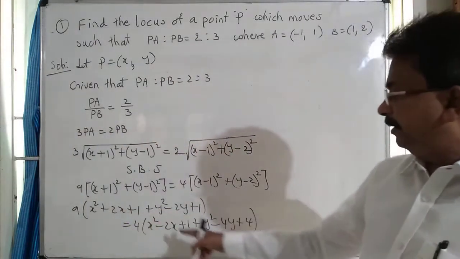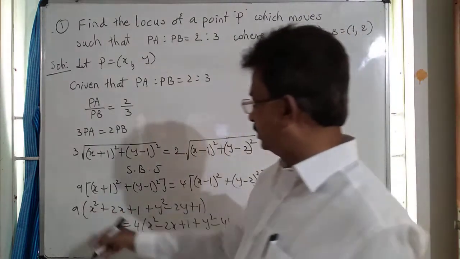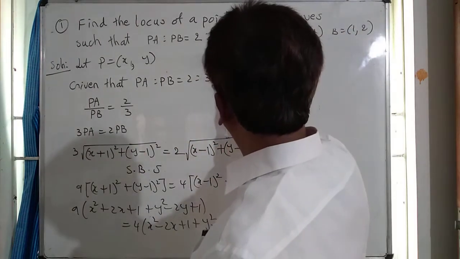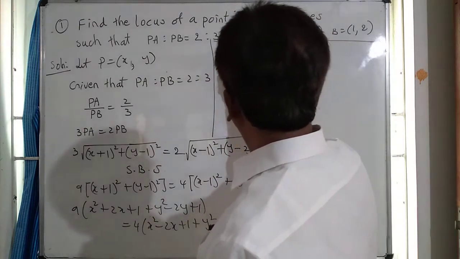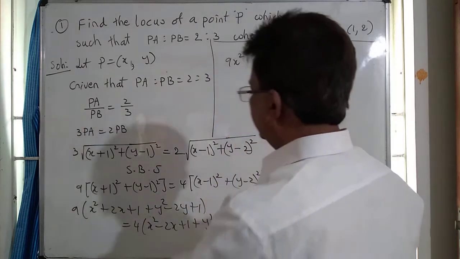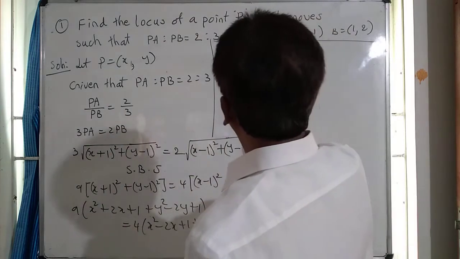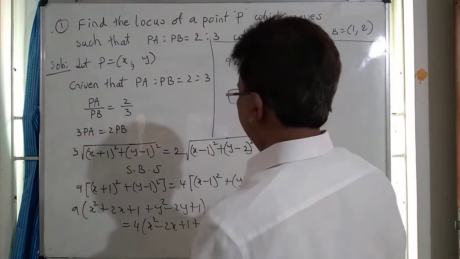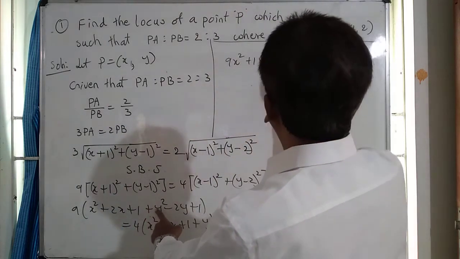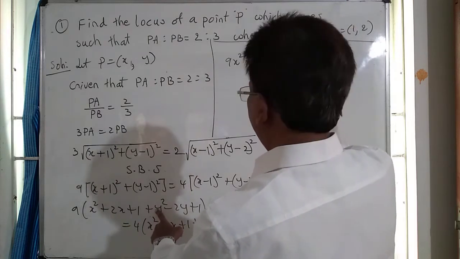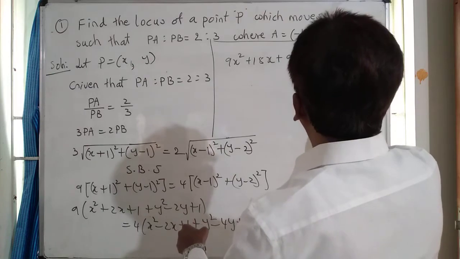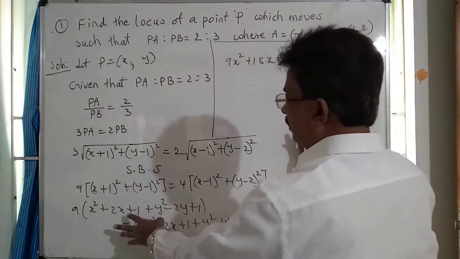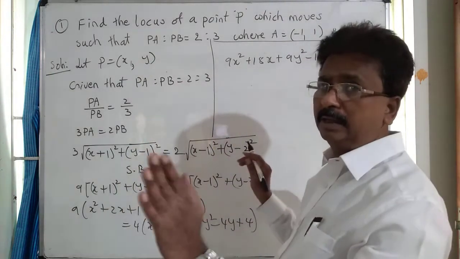Okay, on the left side, multiplying each and every one, 9x square. Next 9 into 2, 18x. Next I will multiply the y square, 9y square. Next 9 into 2, minus 18y. And the numbers 1 plus 1, 2, 2 into 9, 18.